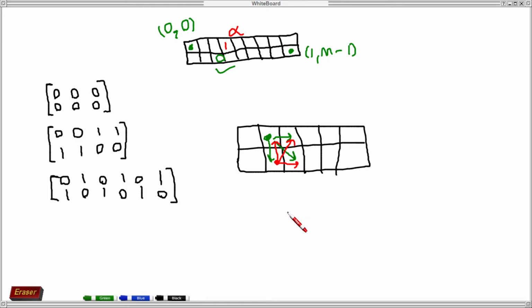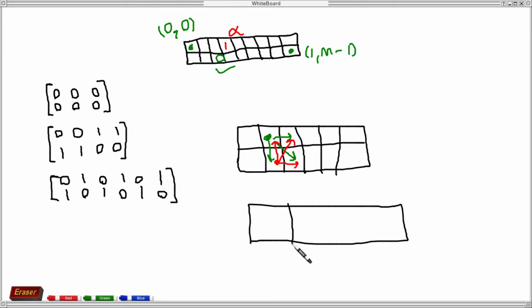We can notice one thing: if we are on a column, let's say we are on the jth column, from both of these cells it is always possible to move to any of these cells provided these cells are 0.